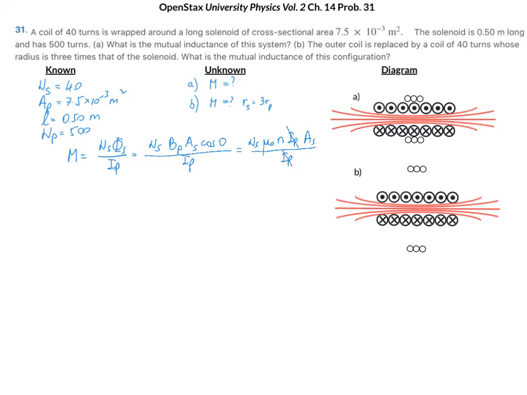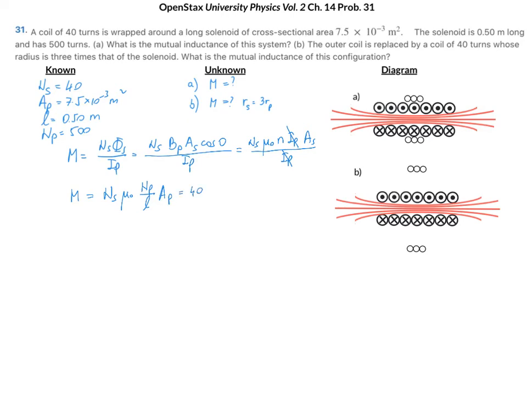If you don't have a certain quantity given, it's possible that later on it will cancel out. So we don't actually need the current in the primary. So now the mutual inductance is number of turns in the secondary, mu naught, lowercase n, which is number of turns primary divided by the length of the primary, multiplied by the area of the secondary, which here coincides with the area of the primary.